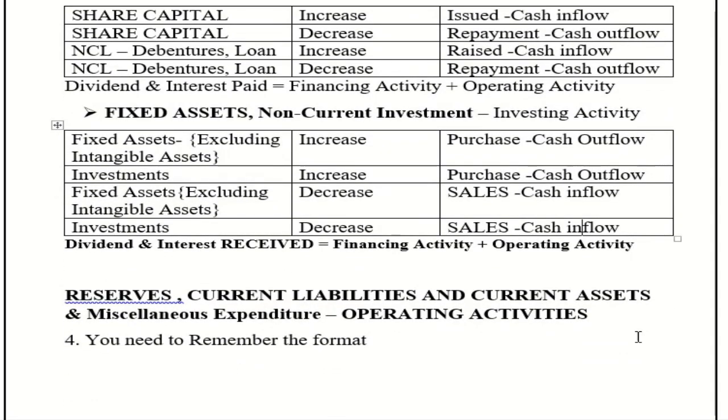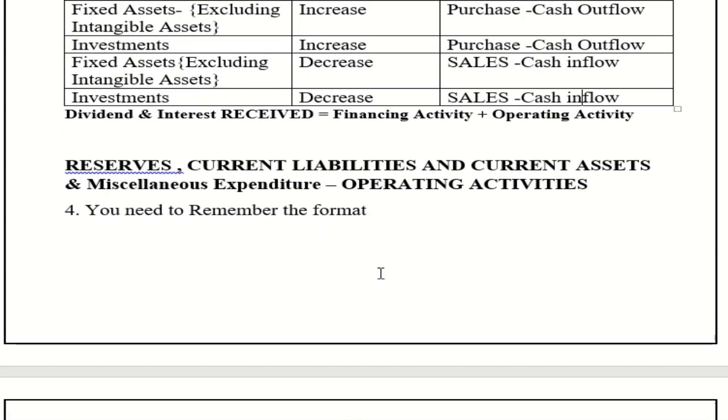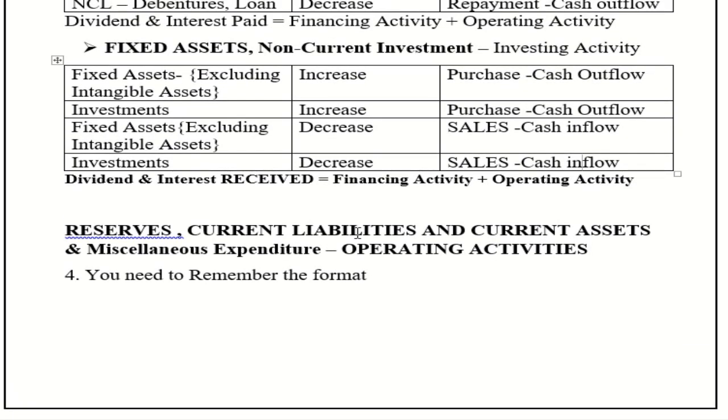All these items will appear in operating activities. Next, the fourth thing you need to remember is the format of the cash flow statement. This is how you have to remember these points while reading the question.